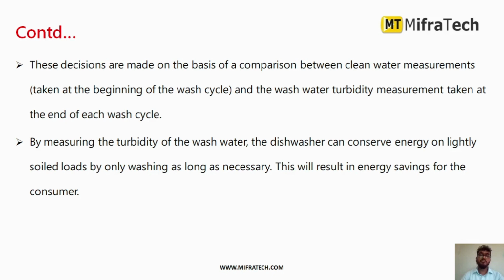These decisions are made on the basis of a comparison between the clean water measurement, that is, how light is transmitted in fresh, clean water, and in water with soil or solid particles. Based on that, it measures. By measuring the turbidity of the wash water, the dishwasher can save energy. So that is the dishwasher application. In this way you can make use of this turbidity sensor.